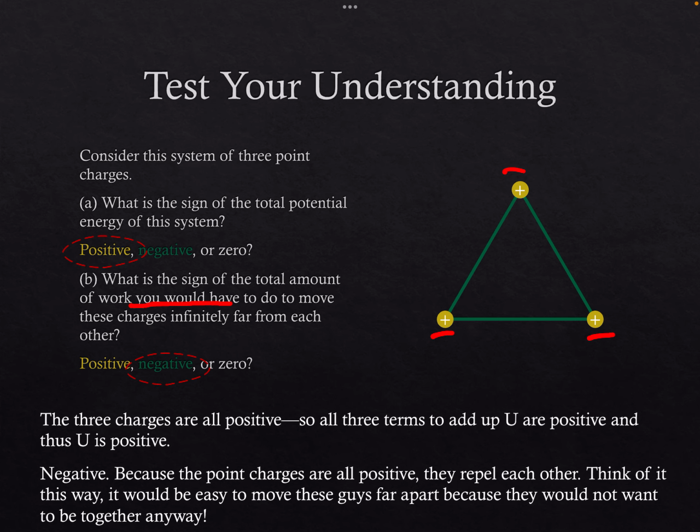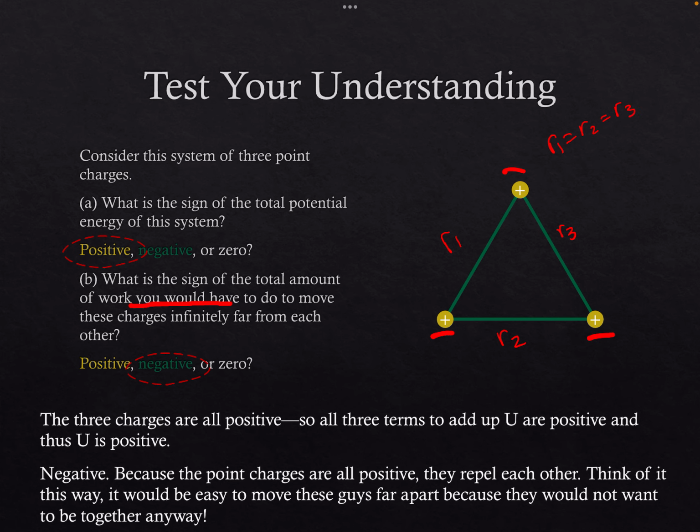So that's one way to think about it. And if one of those spots was changed to a negative sign, then you would have to do a little bit of calculations. In this case, they're all equidistant from each other, so I could just say they're all r: r1, r2, r3 all equal each other, because it's an equilateral triangle.